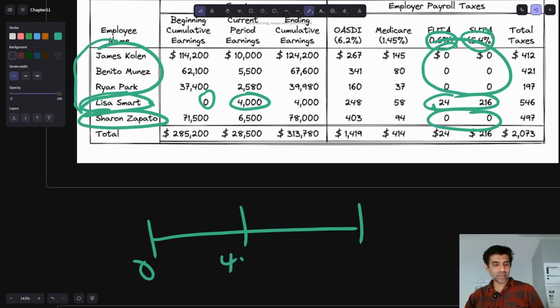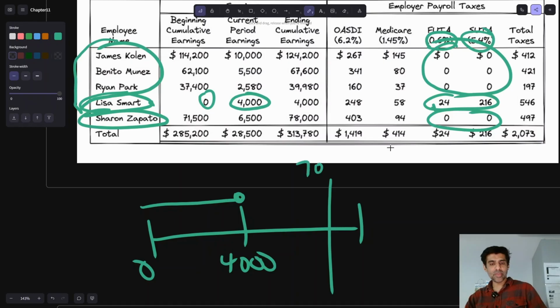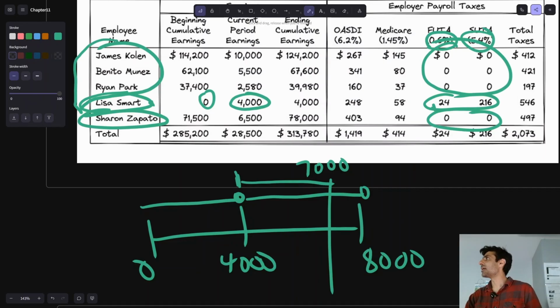So from 0 to 4,000, this full paycheck is going to be subject to FUTA and SUTA. If our limit is 7,000, in the next paycheck, when she goes from 4,000 to 8,000, only from here to the limit is she going to pay.